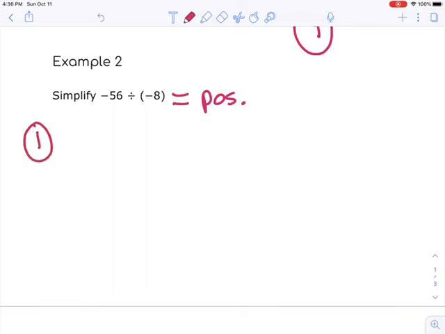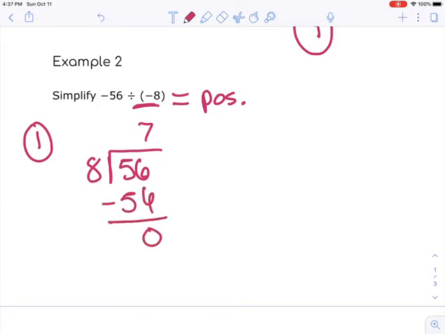Second thing is to actually divide here. Again, you can do your division house. What you're dividing by always goes on the outside. So now we need to think about how many times 8 can go into 56, which is 7 times. There's nothing left over because 8 times 7 actually is 56. So your answer here would be 7.